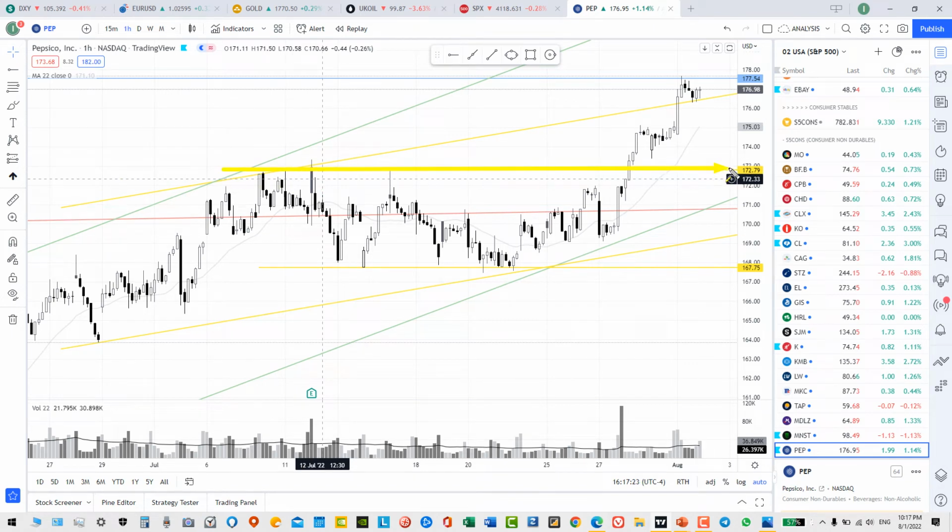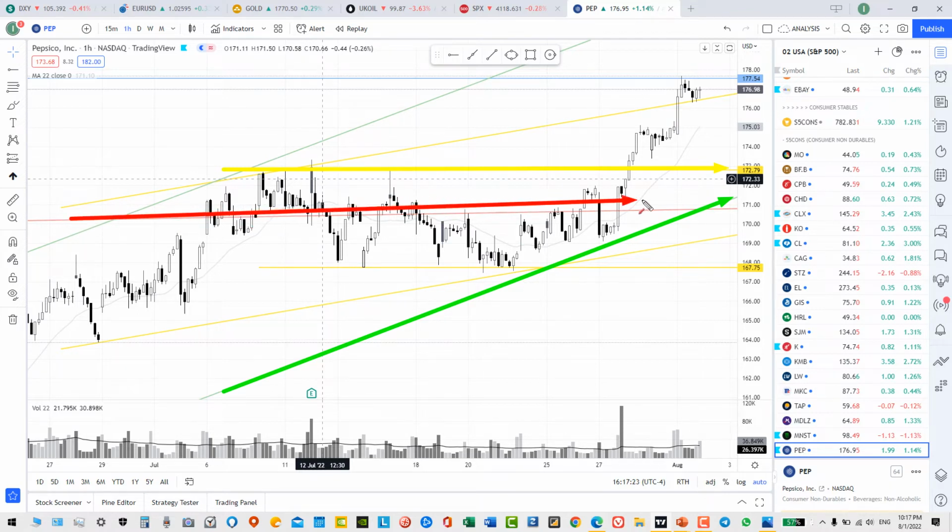Keep in mind that we also have a kind of the uptrend line from the daily chart running through 171.50. And at the same time, we do have the monthly channel line running at around 171, plus the horizontal level of the ultra short term move at around 173. So count the supports.